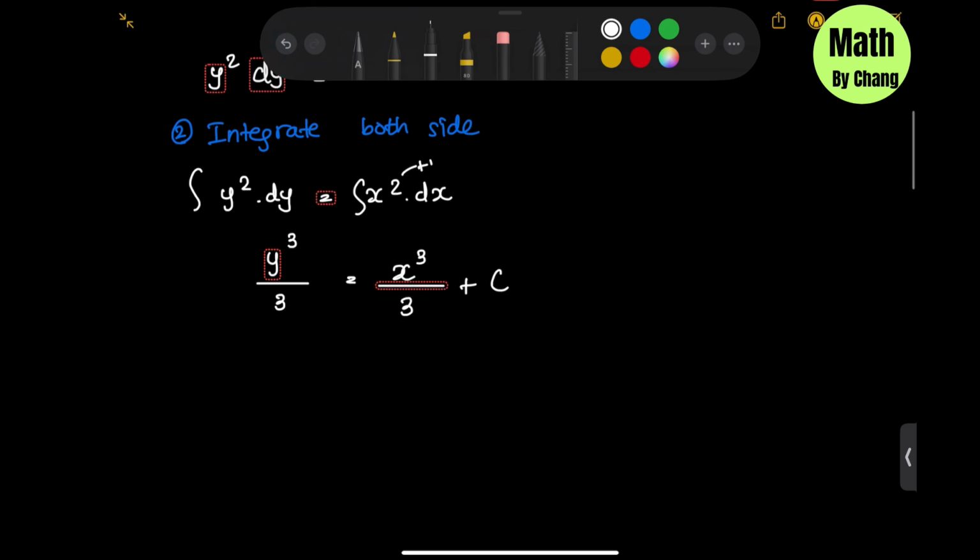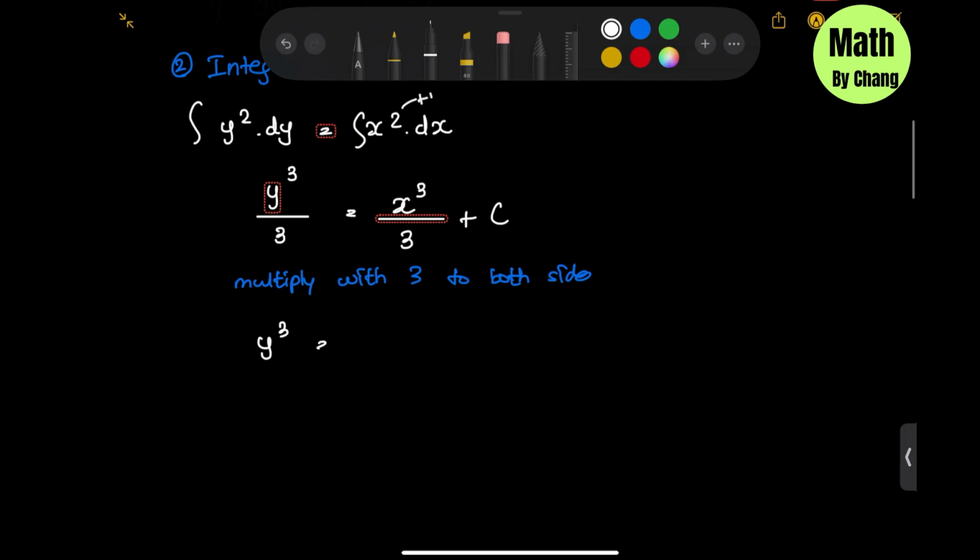Okay, so what we want is y, not y cubed, so make sure. Here you have to multiply both sides by 3. So the result should be y cubed equal to x cubed plus 3c.